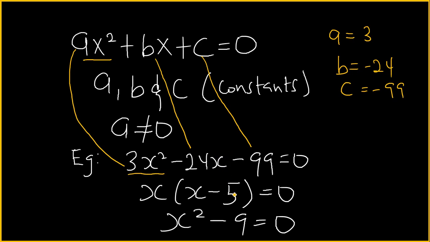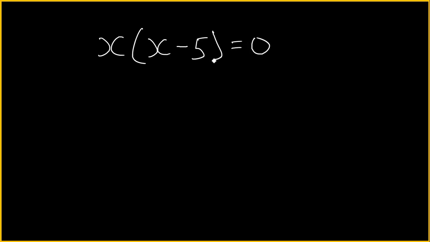Now let's delve into the second example. x multiplying the bracket x minus 5 equals 0. Looking at the equation given, we have x multiplying the bracket, so we have two factors, which are x equals 0 and x minus 5 equals 0.